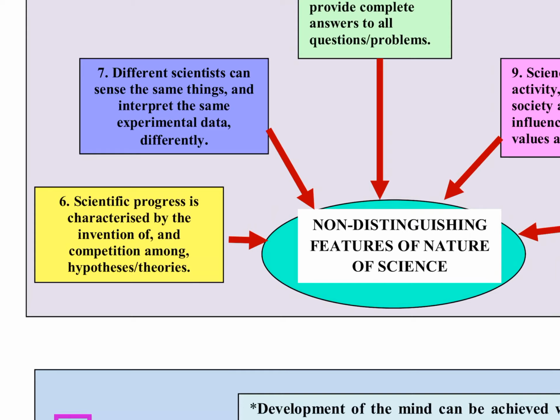And see, there is a competition between the two scientists, and whose theory will be accepted more. So at that time, I think they tried certain manipulations also. So this shows that scientific progress is characterized by competition among theories also.